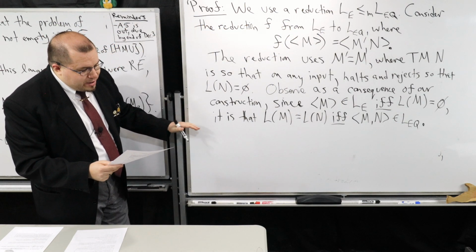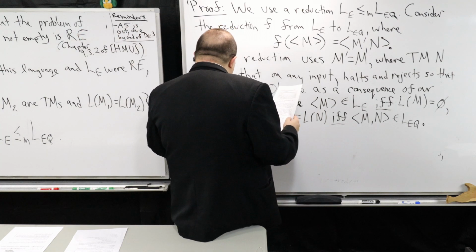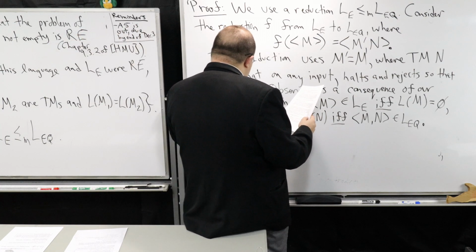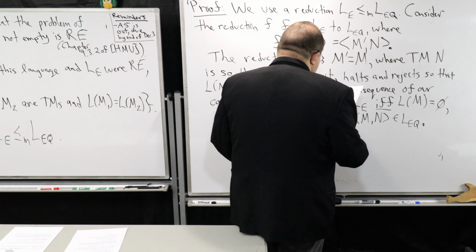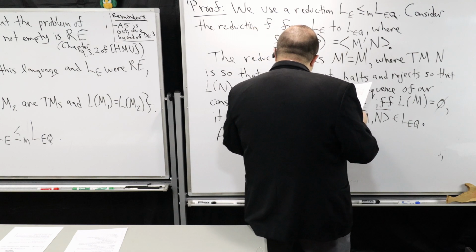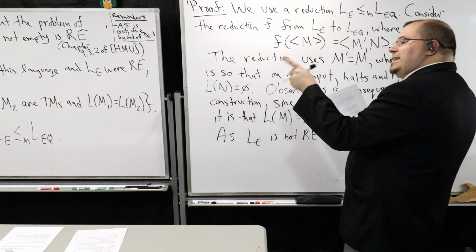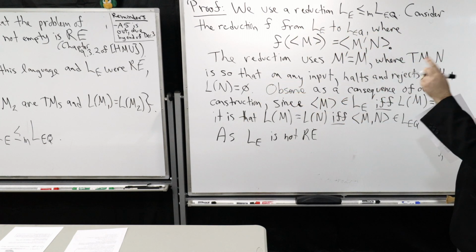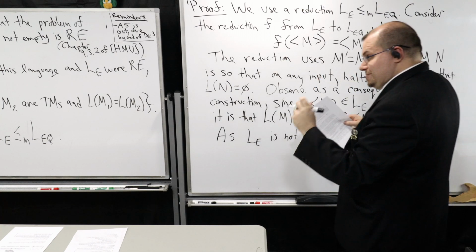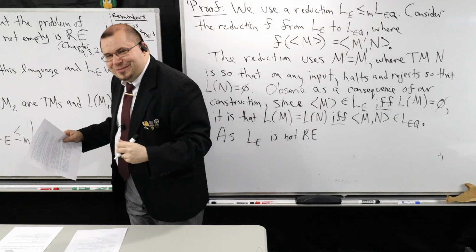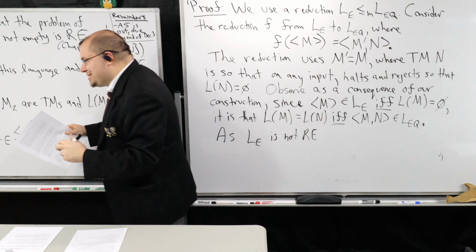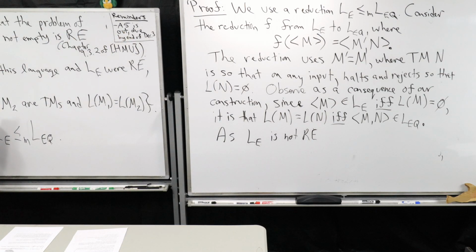So now all I need to do is invoke the property I know about LE. As LE is not recursively enumerable, in fact, I could even make that statement stronger. I could say that LEQ is not recursively enumerable. So if you have your notes in front of you, you can always say and is not recursively enumerable.